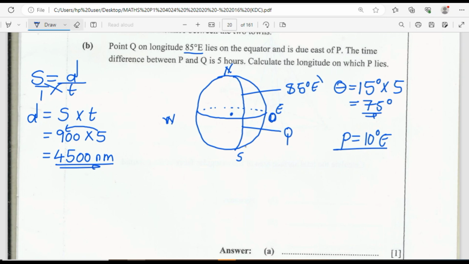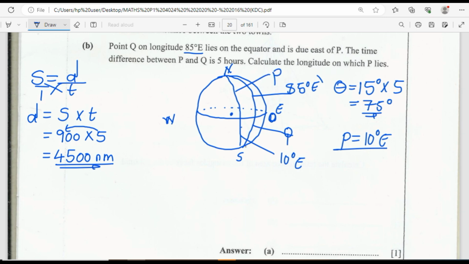So maybe let me see if I can try to redraw. This is where our Q is. This is our Q, so our P is somewhere here. So this is our P with 10 degrees east.